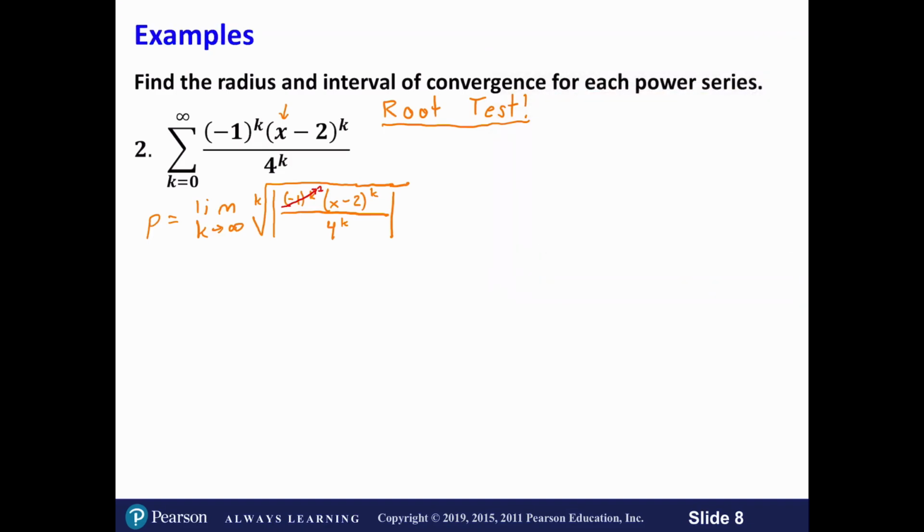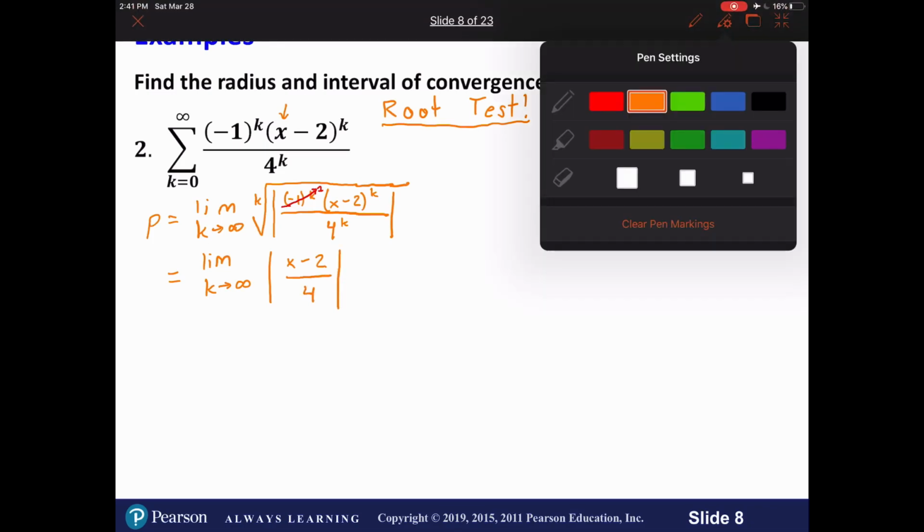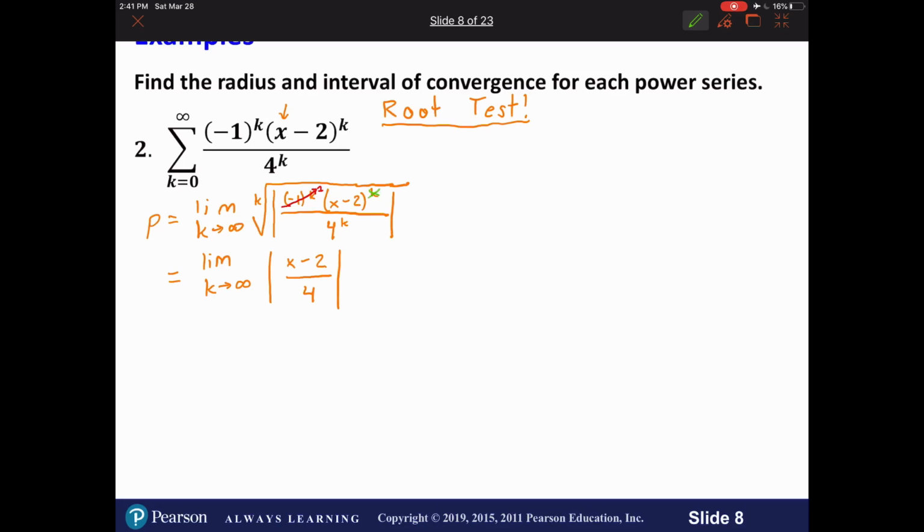And then the kth root and the k powers will actually cancel out. And so we are left with just x minus 2 over 4. Those all cancel.